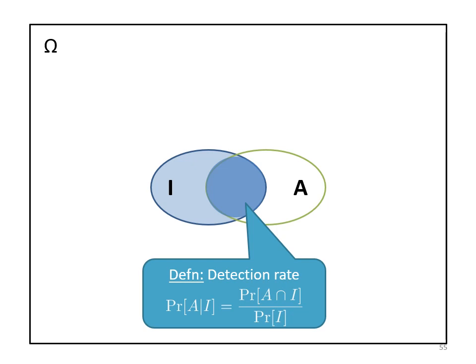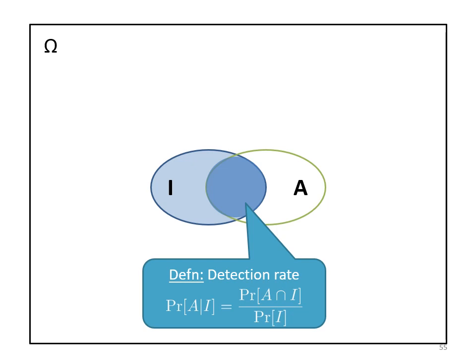So the detection rate says, what is the probability, given that I have an alert, that it's actually an intrusion? So this is the probability that there's an intrusion and I saw an alert, that I'm in this middle section, divided by the probability that there's an intrusion. This is the probability that there's an alert given there's an intrusion. This will tell us what fraction of intrusions we actually detect.